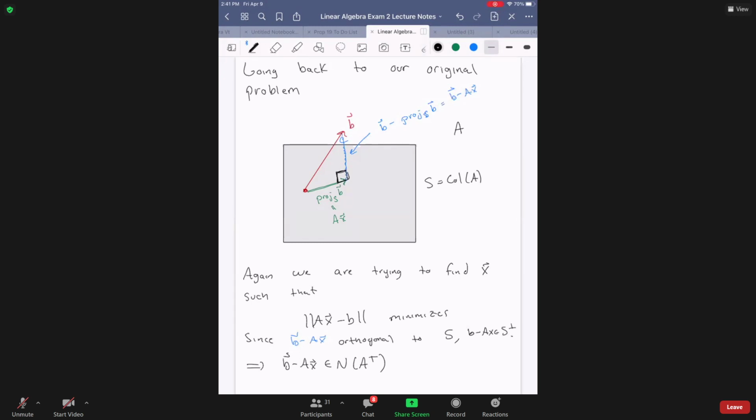But we know that the orthogonal complement of S is equal to the null space of A transpose. So B minus AX is in the null space of A transpose.